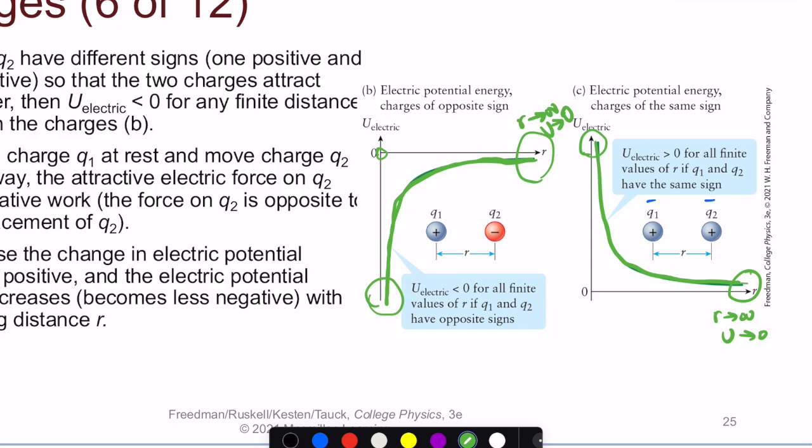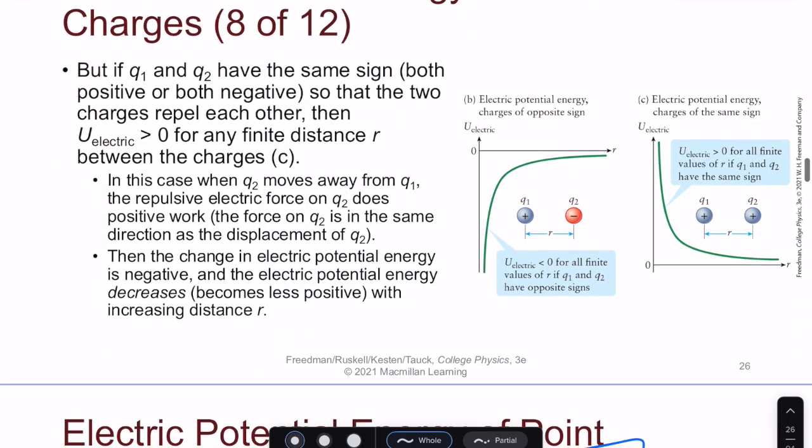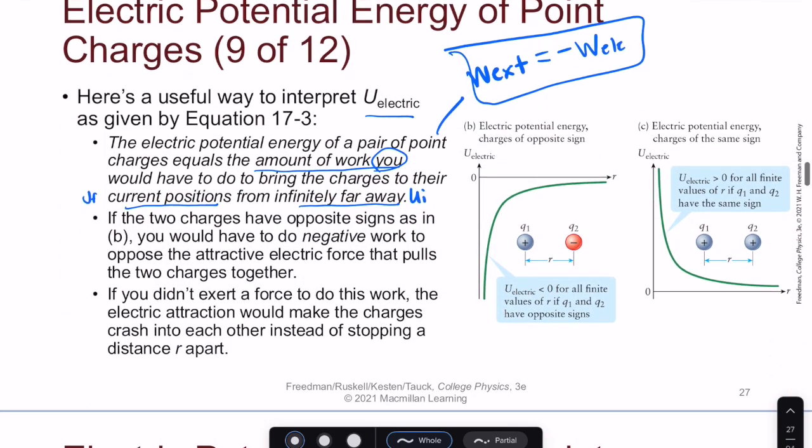But it does get smaller and smaller magnitude-wise. And then finally, as r gets really small, U is going to blow up and become gigantic, but positive. Okay? So that's basically what this slide says too.